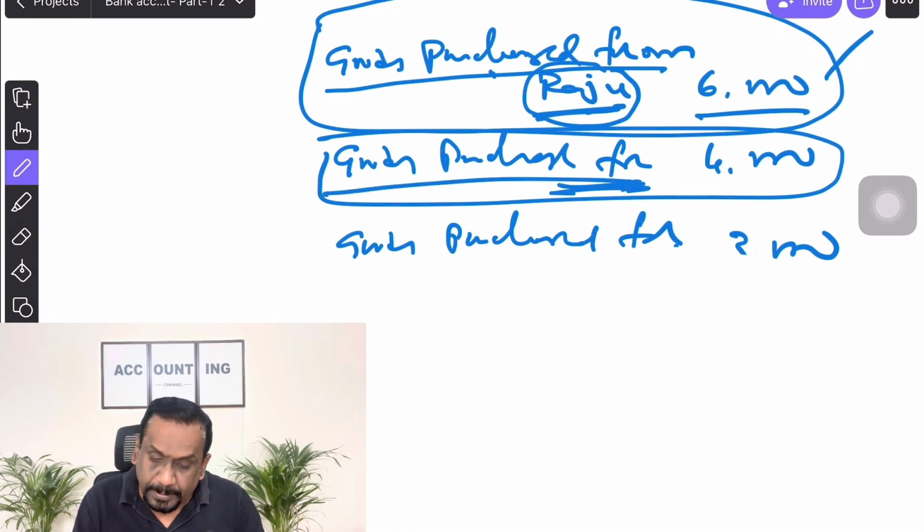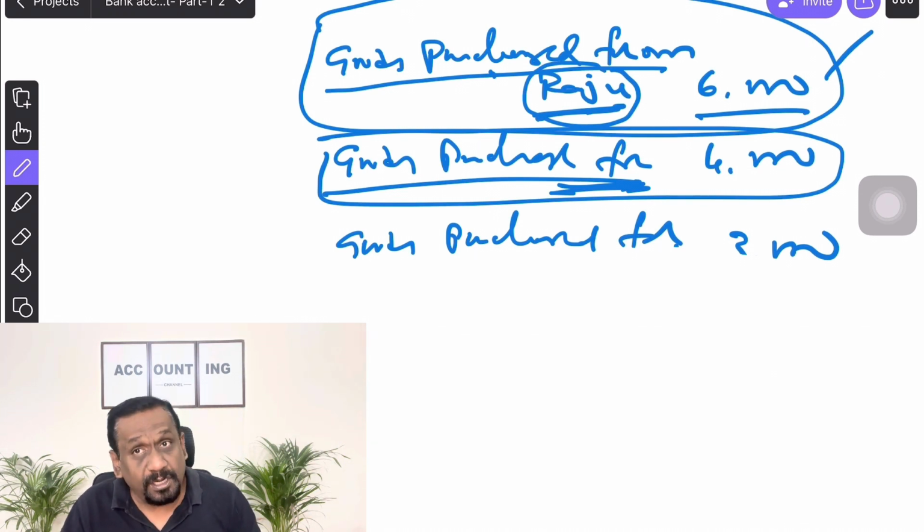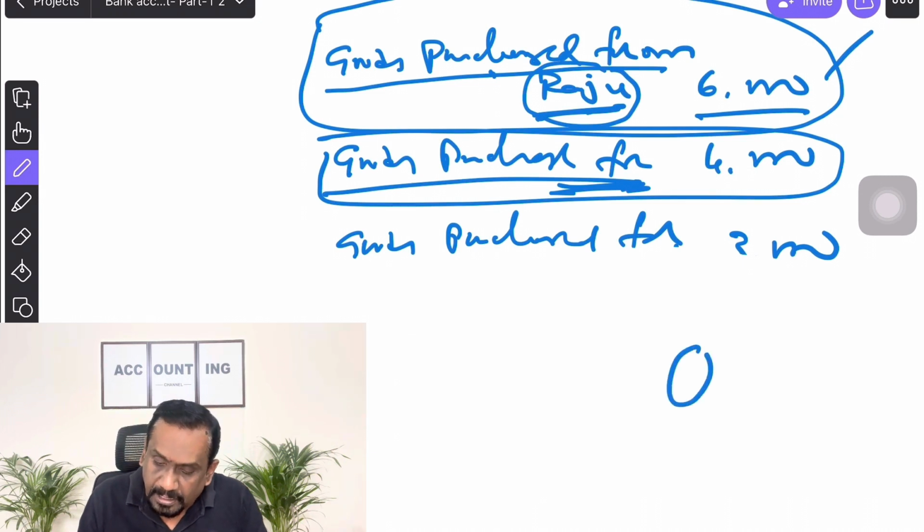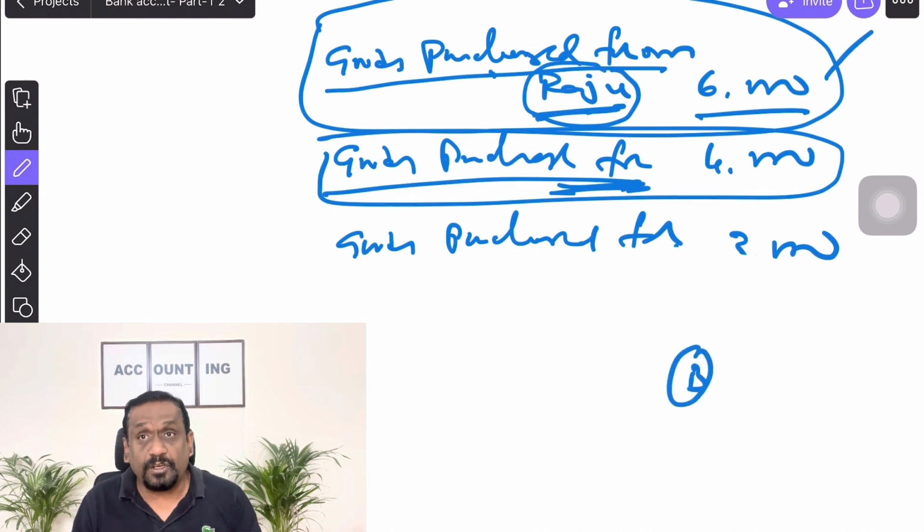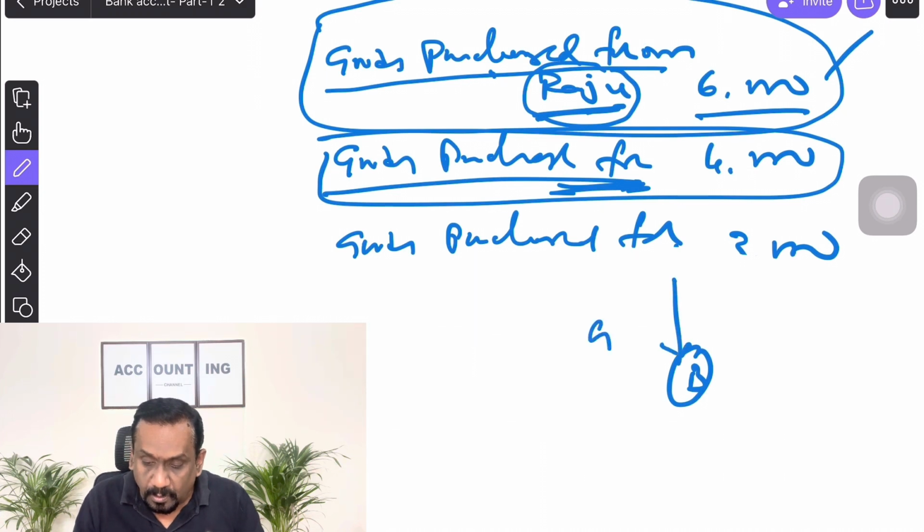Next one is goods purchased for 4,000 rupees. Did they mention about cash? No. Did they mention about name? No. So, if the name is not mentioned, let us consider this as a cash transaction. I already explained this. When goods purchased for cash, what comes in? Goods comes in. What goes out? Cash goes out. Both are real accounts.